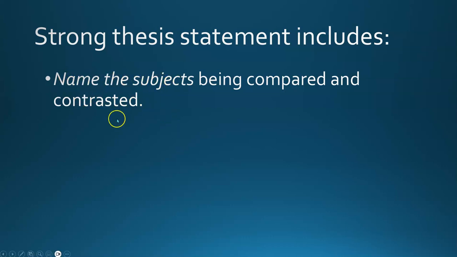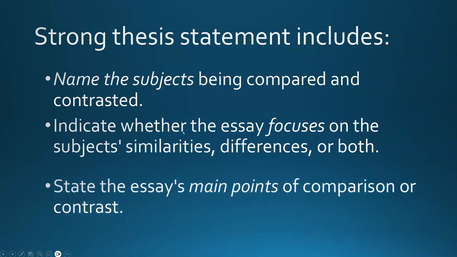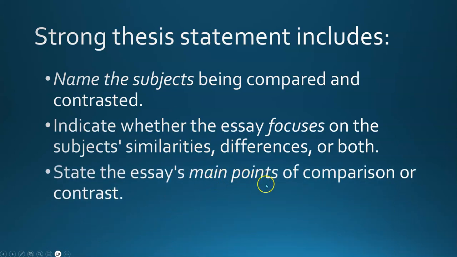You indicate whether the essay is going to focus on the subject's similarities, the differences, or both. So basically, it's going to be like, hey, one is better than the other, or these are more similar than not, or they're more different than not. It really is the stance you're taking. And you need to have the main points you're going to be using for compare and contrast. Usually you should have at least 3.